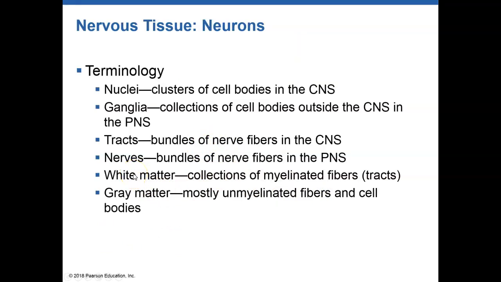So let's look at some basic terminology about neurons before we get into how the neurons work. When we look at the CNS versus the PNS, the terminology changes. So in the CNS, when we have a cluster of cell bodies, we call that a nuclei.